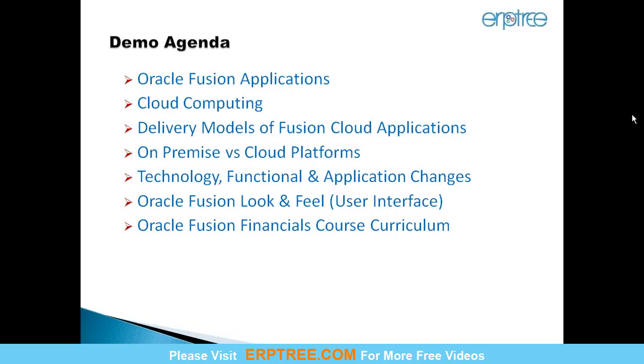All these are new implementations. So all the upcoming projects, whatever the companies have in the pipeline, almost all of those are going to happen in Fusion only. A few clients are still moving to EBS only.